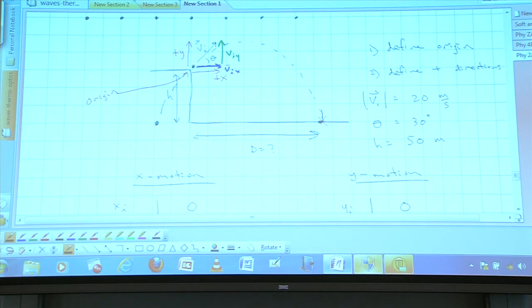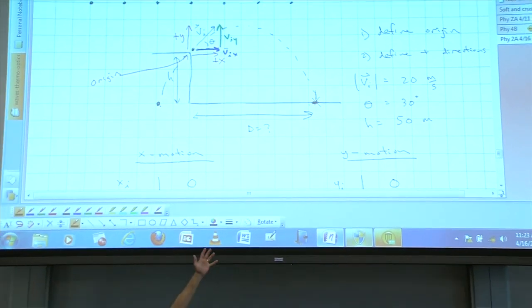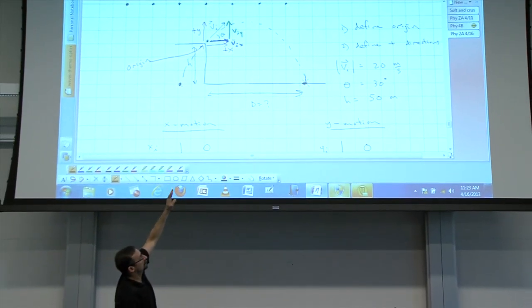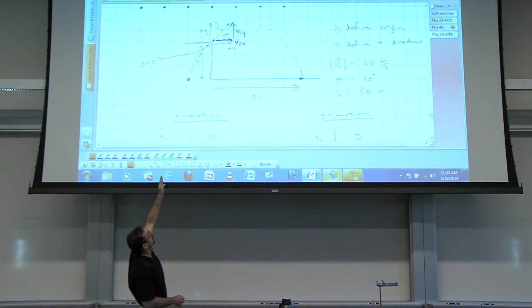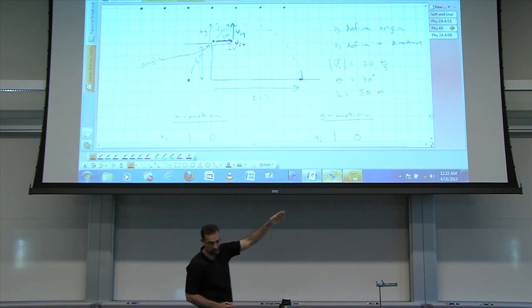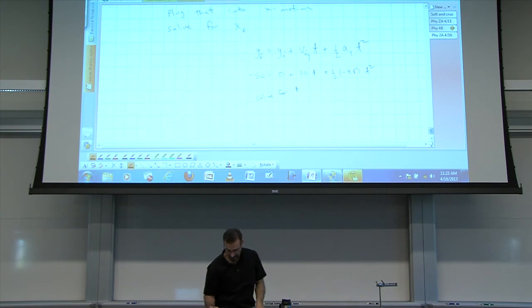And so those are the two points when the object would be at ground level. Right? The equation doesn't know you're standing on the top of a cliff. It just knows that that's the condition you gave it at t equals 0. So at some negative time, it completes the parabola and says at some negative time, you'd be back at 0 again. But we don't care about that. We just want the positive time.